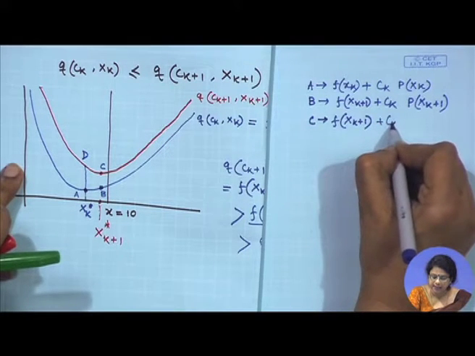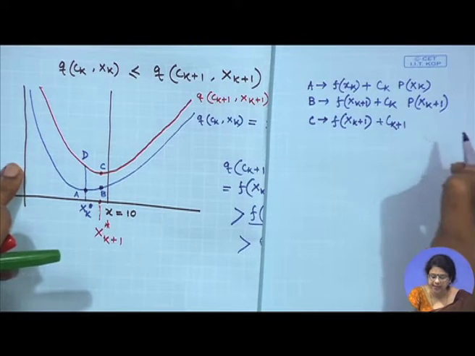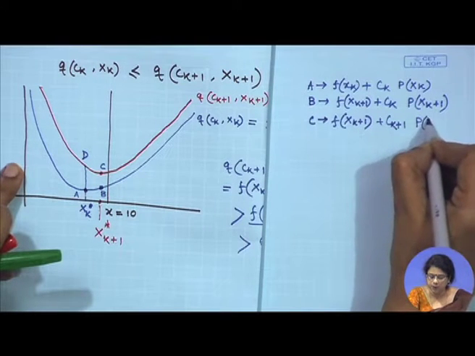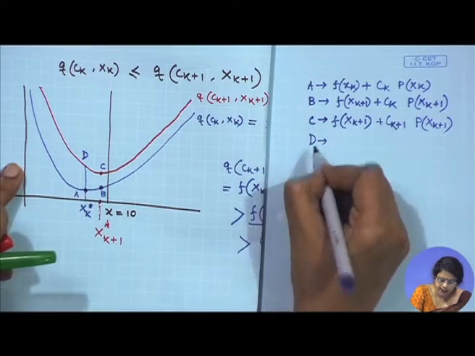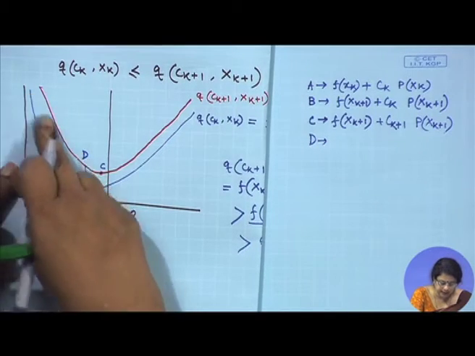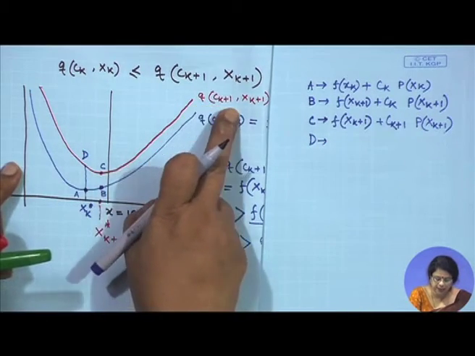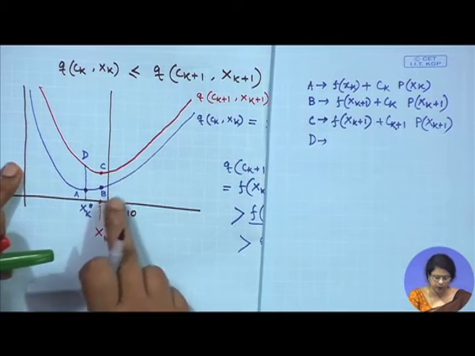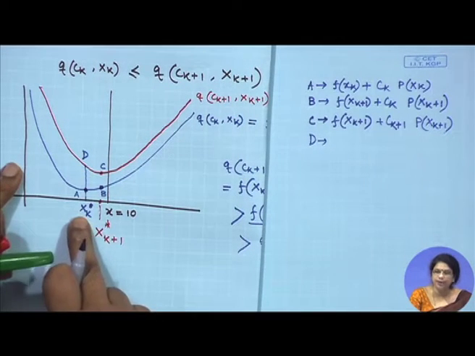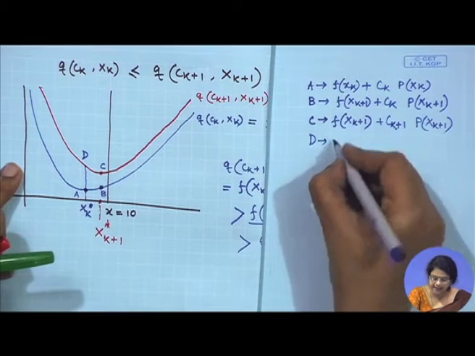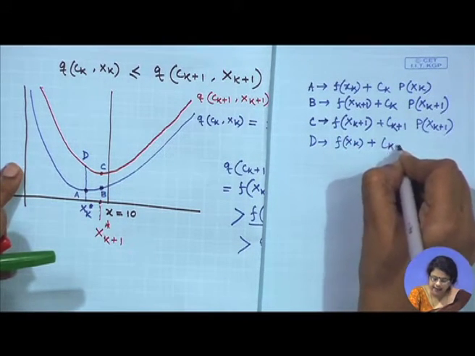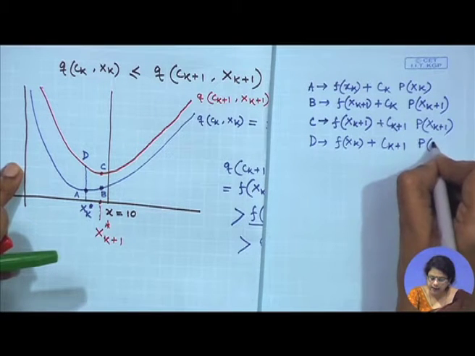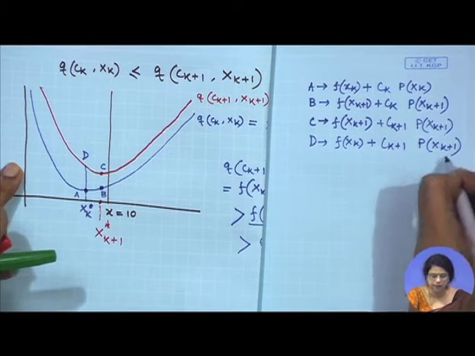That is why we are getting c_{k+1}, that is why p(x_{k+1}). And what about D? D is on the curve of q for c_{k+1} and x_{k+1}, that is why at D at point x_k, I can say that f(x_k) plus c_{k+1} p(x_k).